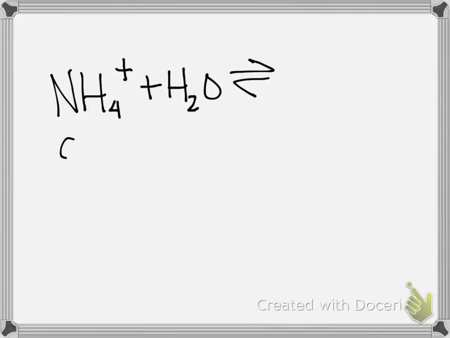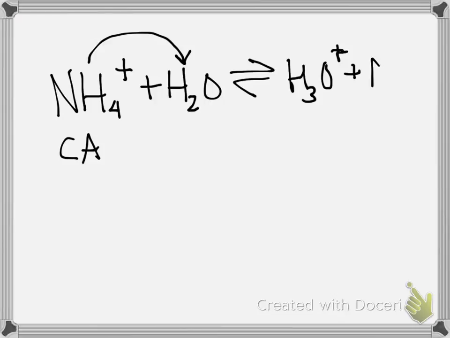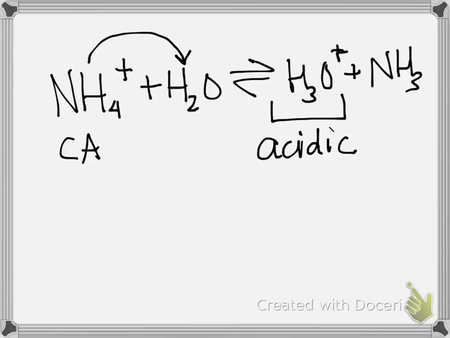So my conjugate acid reacts with water. An acid is a proton donor, so it donates the proton, becomes H3O plus NH3. We change the H2O to more H3O plus, so that would make this solution acidic.